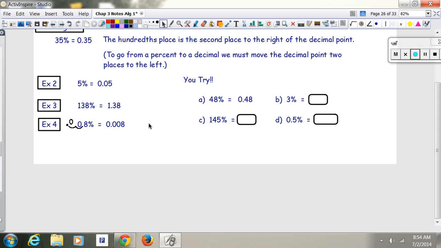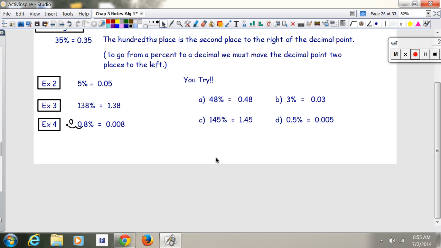About 3% is 0.03. 145%. That's more than 100, huh? So it's got to be 1.45 because it's more than one whole. 100% is one whole. And then what about 0.5%? 0.005. Move it over two places.